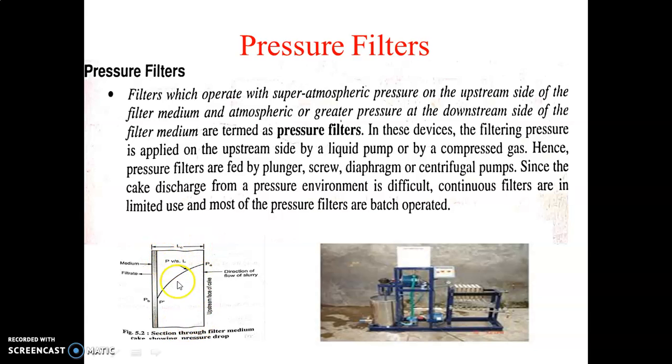So this is called the upstream side and this is called the downstream side. You have to maintain higher pressure here and slightly lower pressure on this downstream side of the filter medium. So a pressure difference is created and thus the slurry is filtered through this filter medium and the cake is deposited. For that purpose we are using a pump or compressed gas.